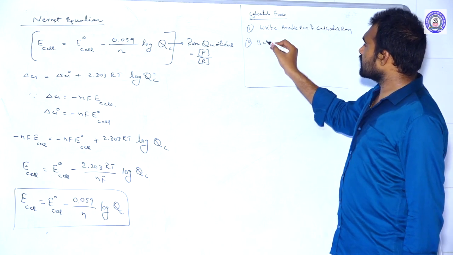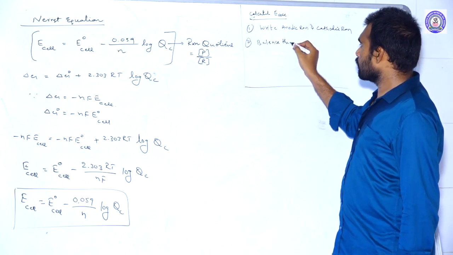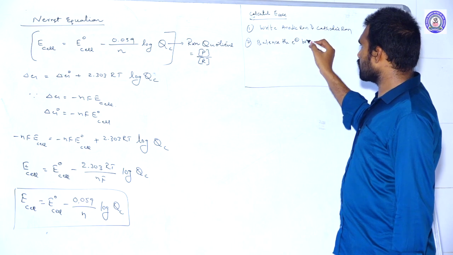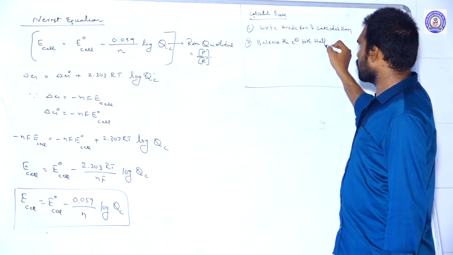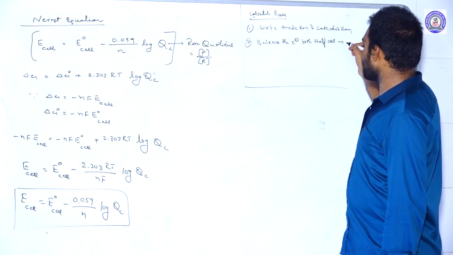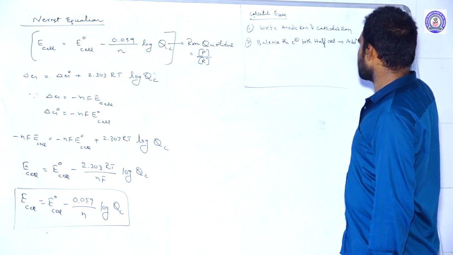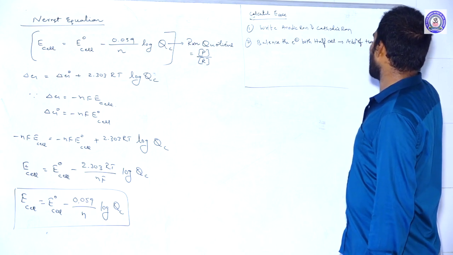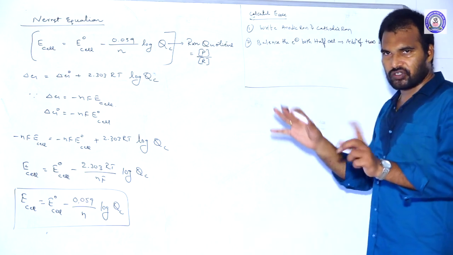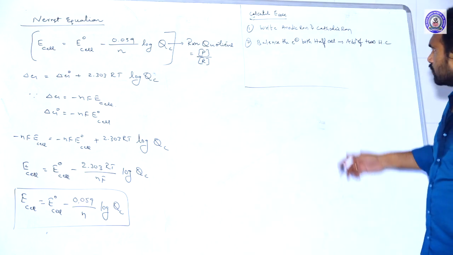The anodic reaction is an oxidation reaction, and the cathodic reaction is a reduction reaction. After you write them, next balance the electrons in both half cells. After you balance that, immediately add both half cells.